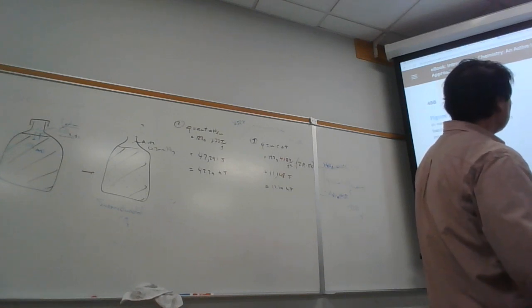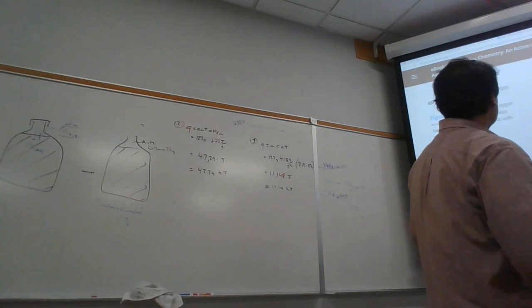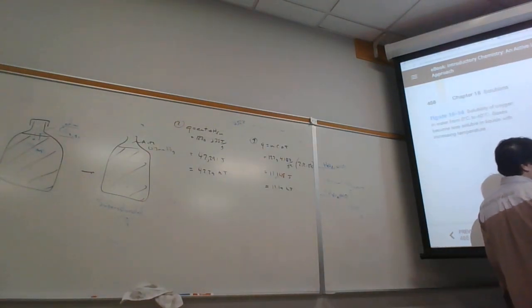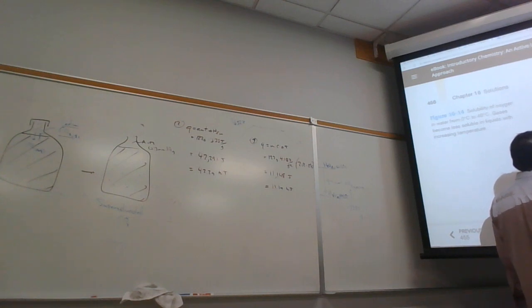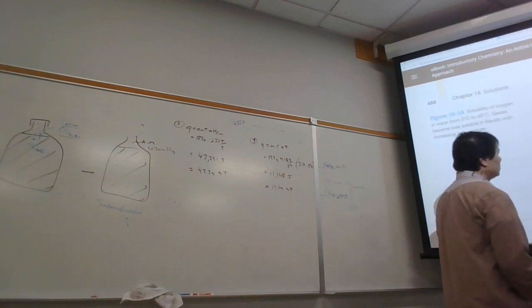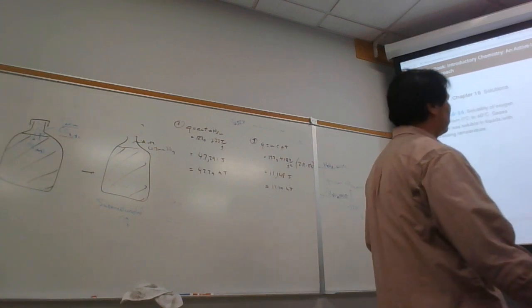So these are just some general trends. This is the solubility of oxygen in water. And so as you increase the temperature, the solubility of oxygen goes down. We'll have less O2 in water. This is saturated solubility, the most you can get in there.